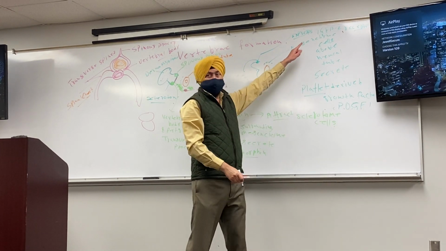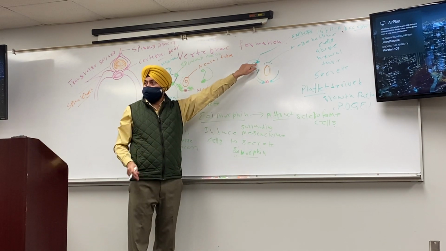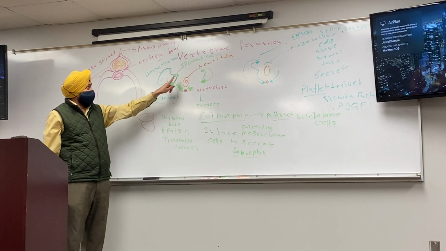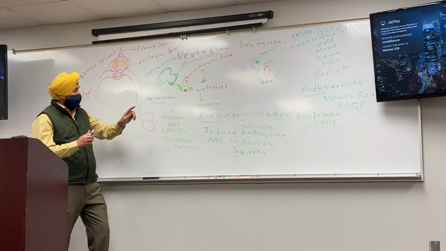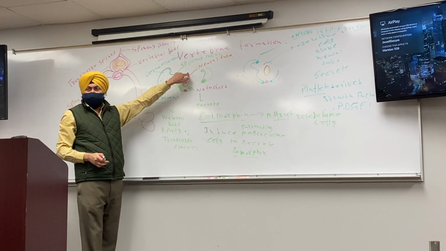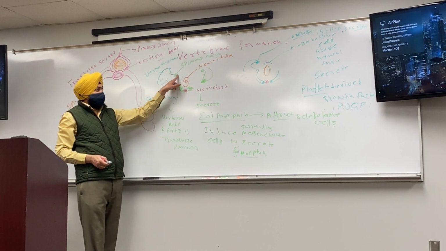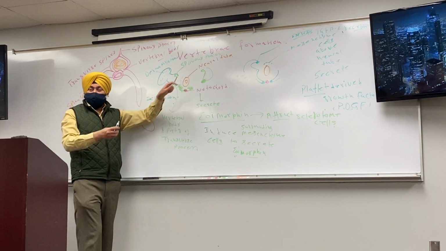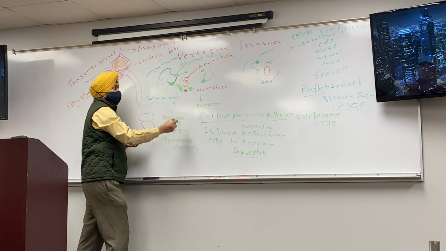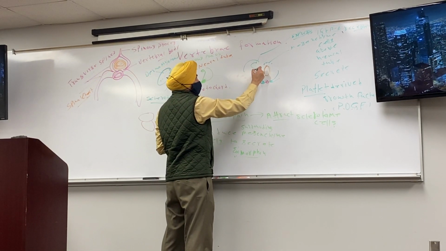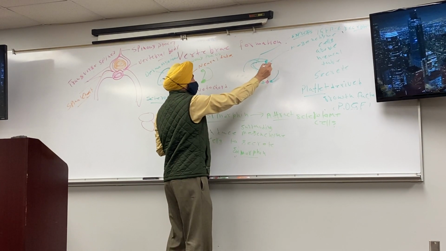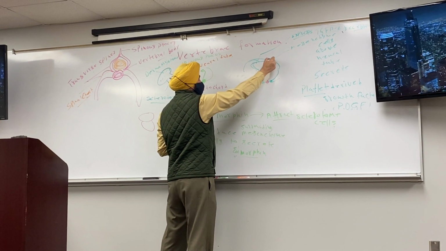Which cells are those? These cells, the ones which are going to make the spinous process. Now, right here you have PDGF secreted, and these cells have the receptor for that, right? So what is going to happen? These cells are going to move toward this, and that's what they do. They start moving like this, and on the other side also, the cells will start moving like this.